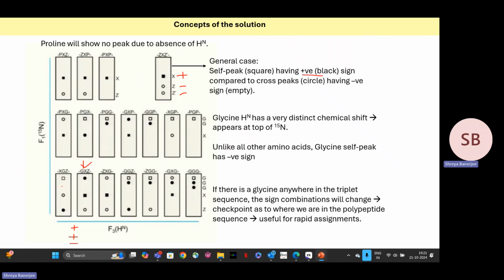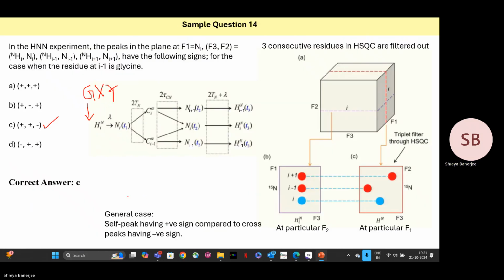And whenever you have glycine, the pattern of peaks will change. You can see if glycine is in the middle, it becomes minus, minus, plus. Glycine at I-1, what we just saw, is plus, plus, minus. Glycine at I+1 is minus, plus, minus. So wherever you have glycine, the sign will change, and this is why glycine acts kind of like a checkpoint. So here the correct answer is option C.